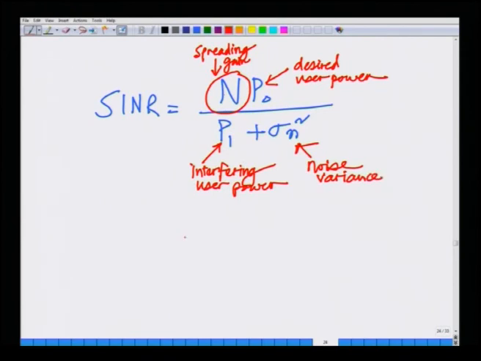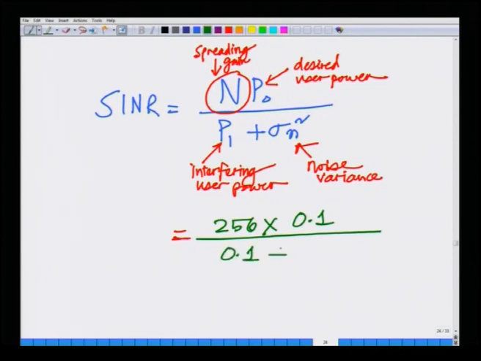We know the different quantities. N is nothing but the length of the spreading sequence, that is the spreading gain, which is 256, times P0, which is minus 10 dB equals 0.1, divided by P1, which is also 0.1, plus sigma n square, which is 1.